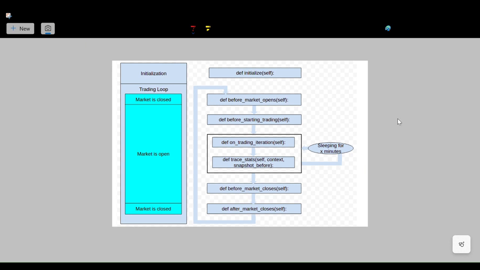Before even going inside the code or in depth towards the code, this is the life cycle of LumiBot. When we initialize the trade, it calls the function def initialize. This method is executed once when the strategy execution starts, and this lifecycle method is used to initialize the parameters.